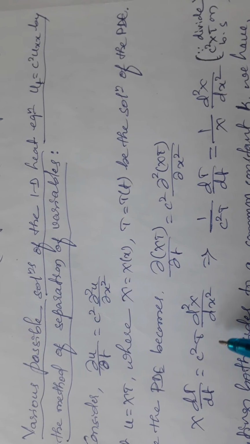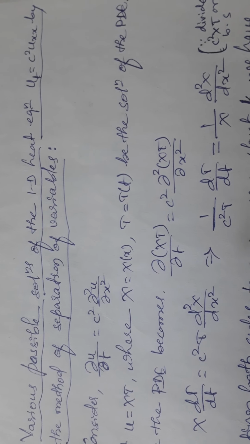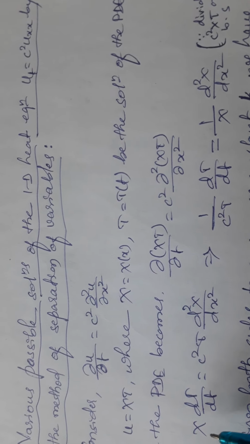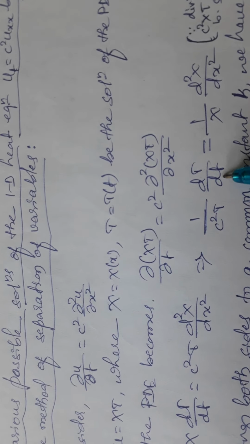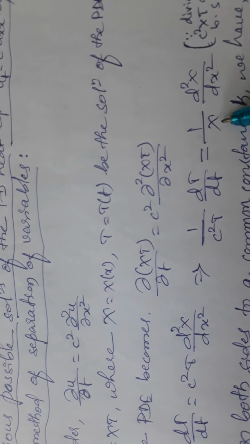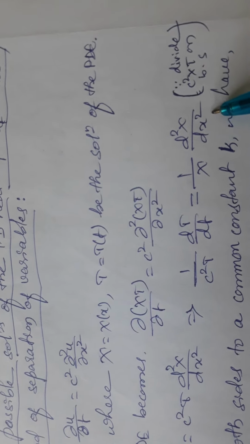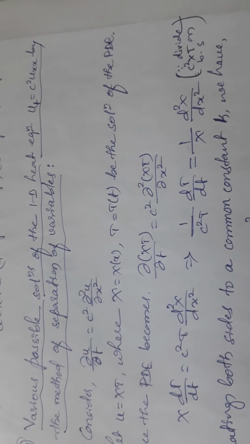Here we can divide by c square xt on both sides, then x gets cancelled, we get 1 by c square t dT by dt equal to, here c square t gets cancelled, 1 by x d2x by dx square.